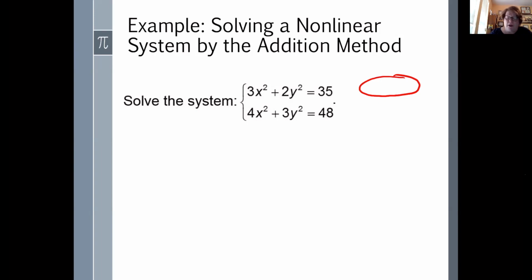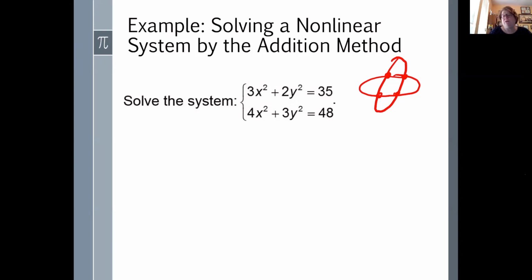So let's draw another ellipse over the top of this one. You can see that it is possible for these two ellipses to intersect at four ordered pairs. So anticipate that you can get four solutions, all ordered pairs.